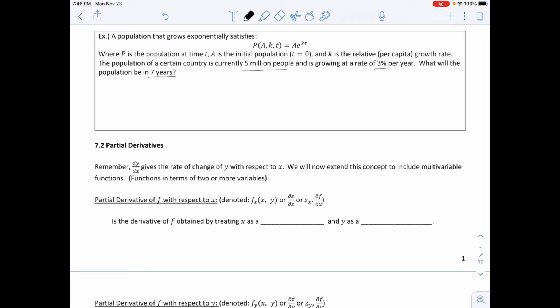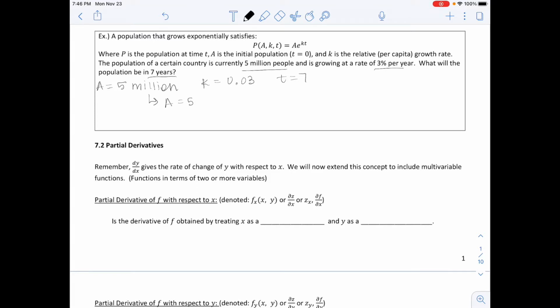So if you look at this, we do know that A is our initial population, and that is 5 million. We have our value of k, which is the relative per capita growth rate, which we know is 3% per year, so 0.03. And then we also know that t is equal to 7 years. Since A is 5 million, I'm going to just rewrite this as A is equal to 5.